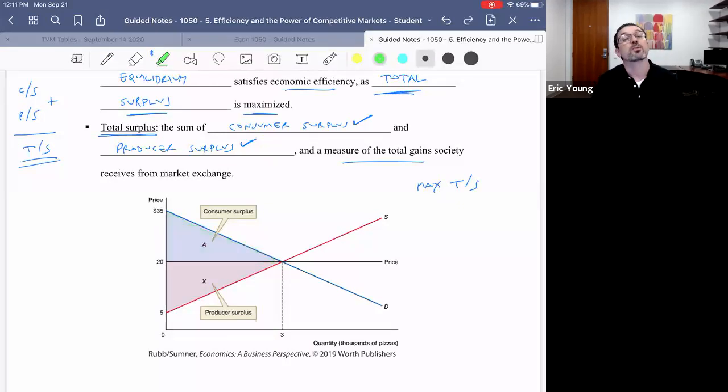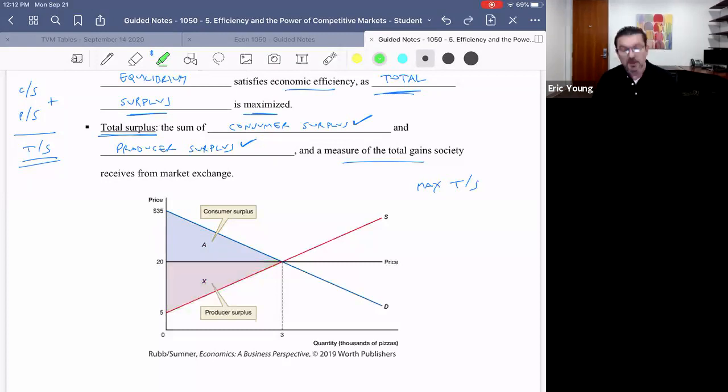We also know that producer surplus was the difference between how much a seller actually sold a product for and what they were willing to sell it for. And therefore, we can graphically see producer surplus as the area below price and above the supply curve. So again, another triangle. And this triangle here would be producer surplus.